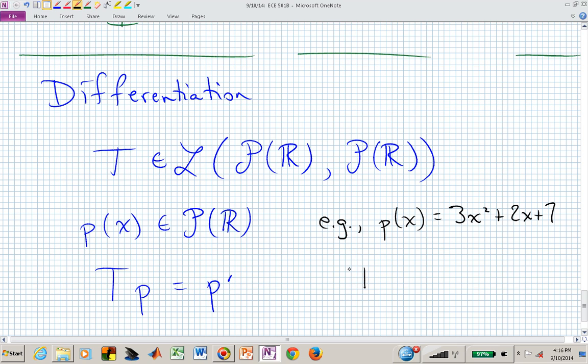If we now said, oh, operate on that element in a vector space, the vector space being the set of all polynomials over the field of real numbers, and maybe P is now 3x squared plus 2x plus 7. What's TP in this particular case?